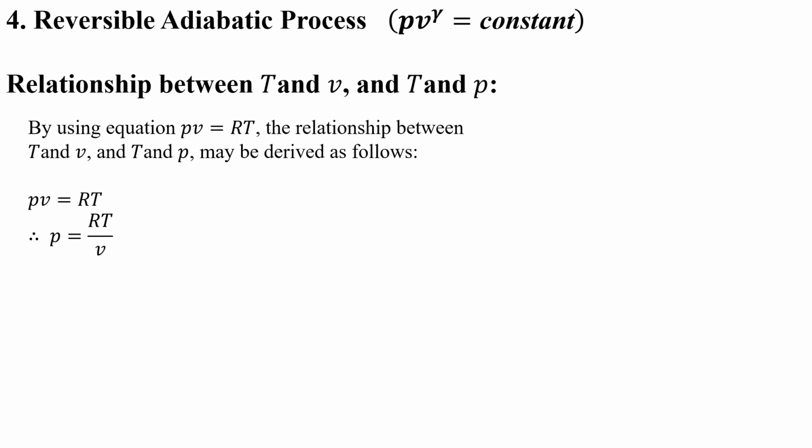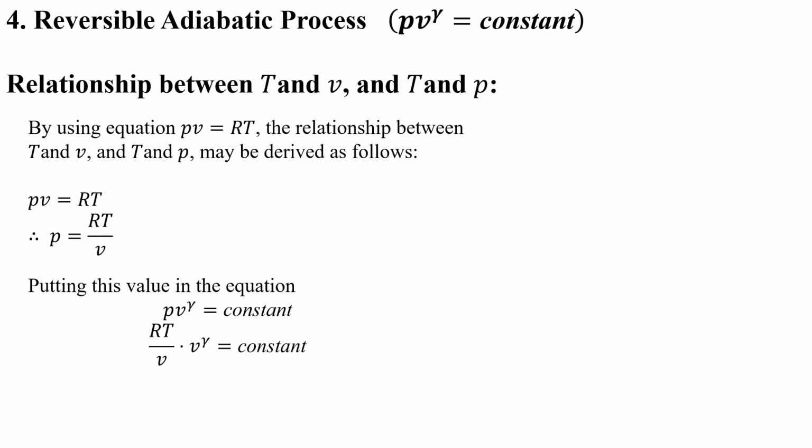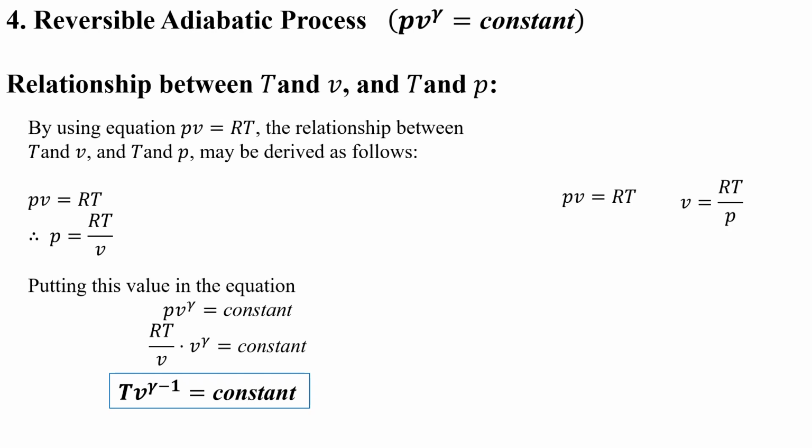In general for the perfect gas PV equals RT and P equals RT divided by V. Then putting this value in PV power gamma equals constant, RT divided by V times V to the power gamma equals the constant, then T times V to the power gamma minus 1 equals the constant. So this is the relationship between T and V. Similarly, we will look for the relationship between T and P.